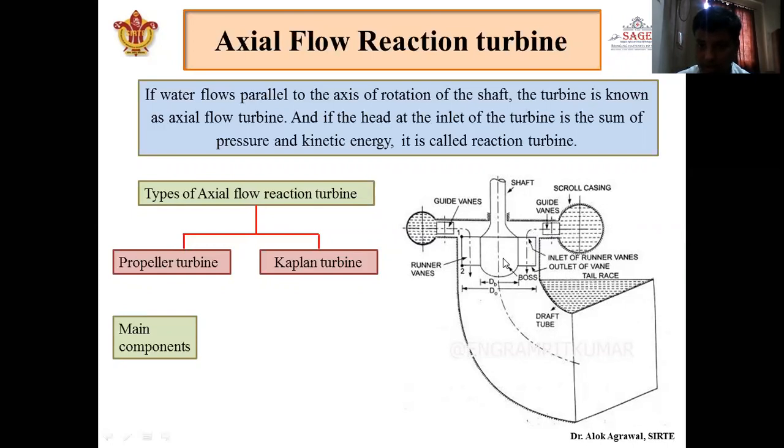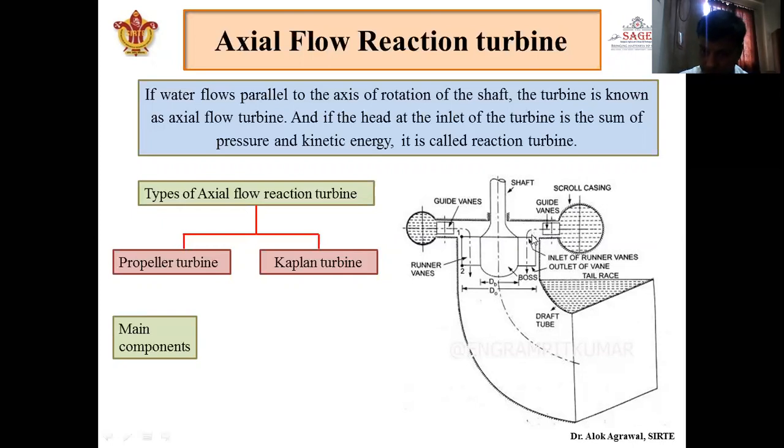This portion is called boss, which has diameter dB, and the blade's outer diameter is d0 and the blade inner diameter is dB, which is equivalent to the boss diameter. Now water will come from penstock to this scroll casing. Through this casing, it will move to the guide vanes.